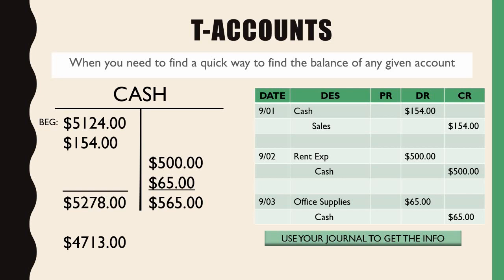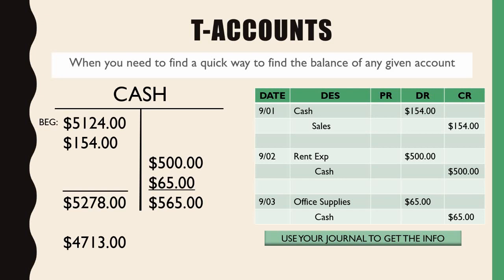I deposited this amount in there, but I wrote a check out for my rent expense, and I spent $65 for my office supplies. Therefore, I should have a total of $4,713, right?